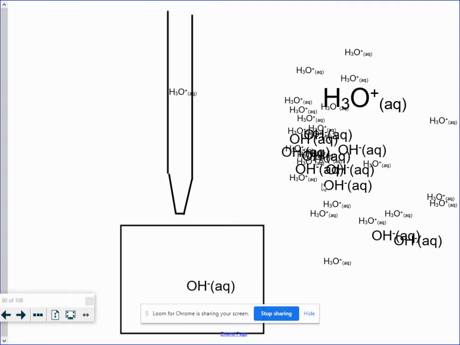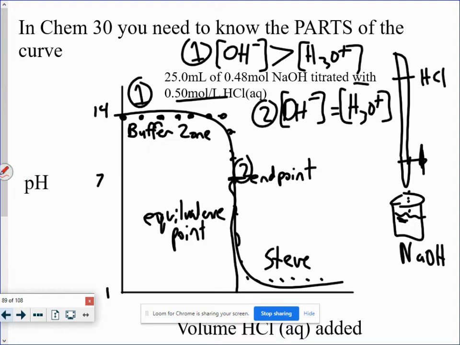And now when this goes down, that will neutralize it. And now there's no hydroxide left, and we have this rapid change in pH. Pow. pH curve.